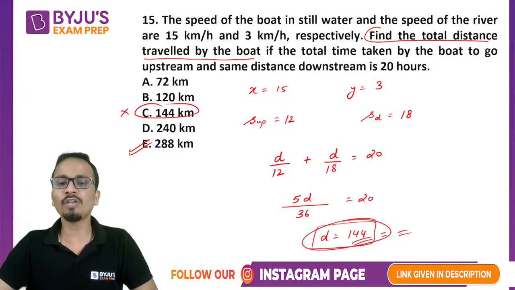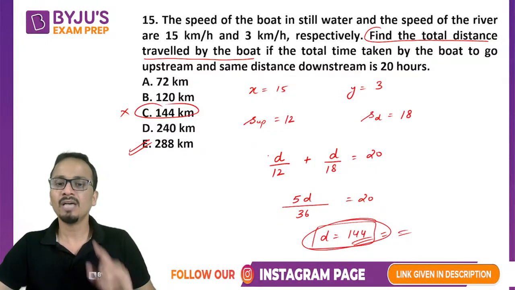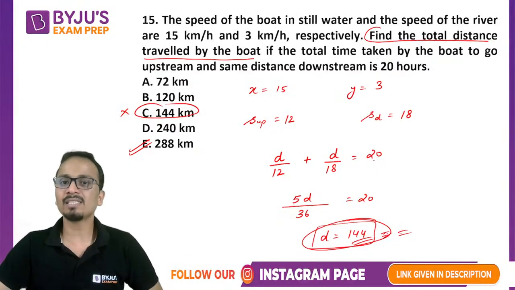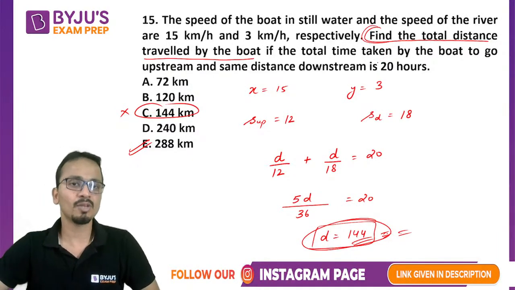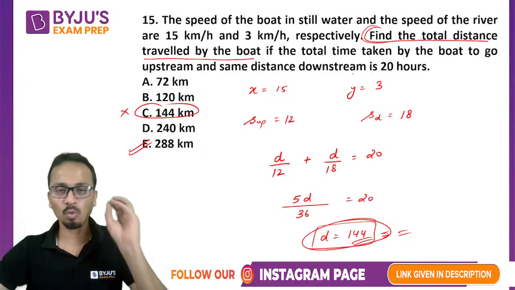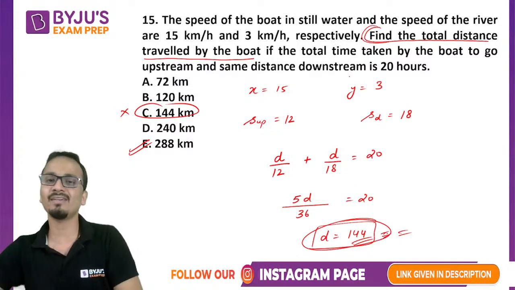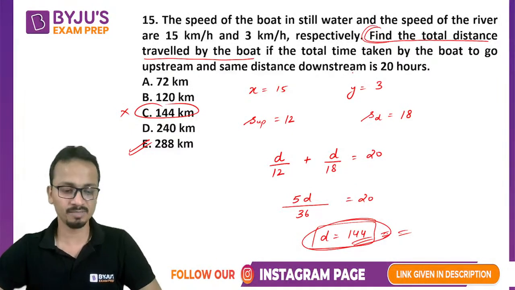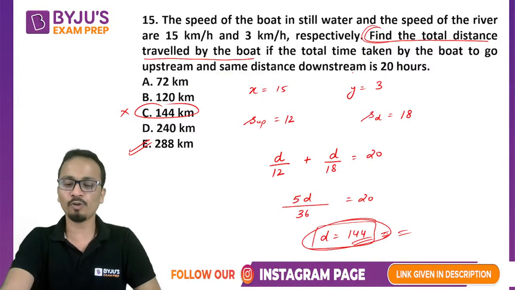It's not that I see 144, 144 is in the options, and I mark it, no. After getting this answer 144, look at the final statement, what they are actually asking. Okay, and then mark your answer. This is one way you can reduce the number of silly errors. All right, so this is one piece of advice for all of you to follow.